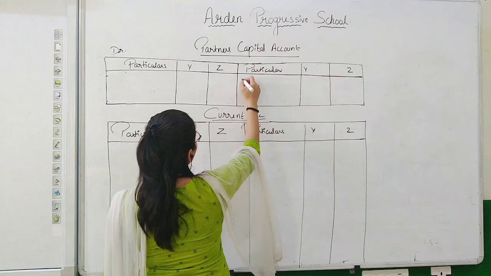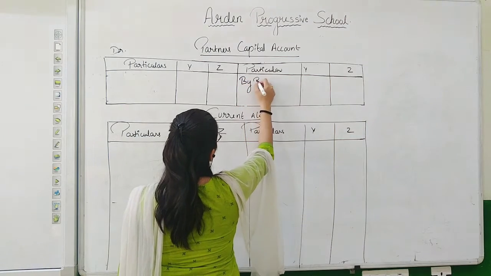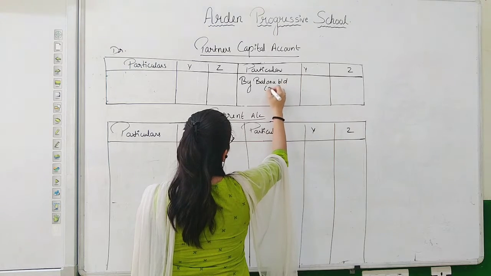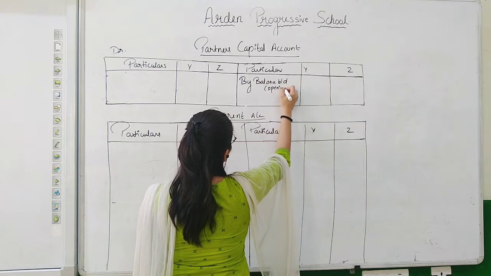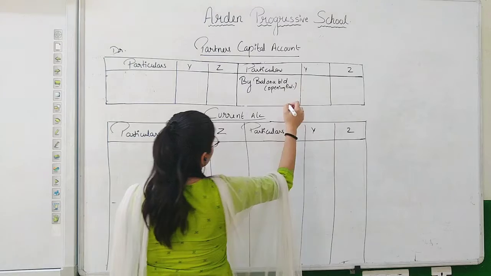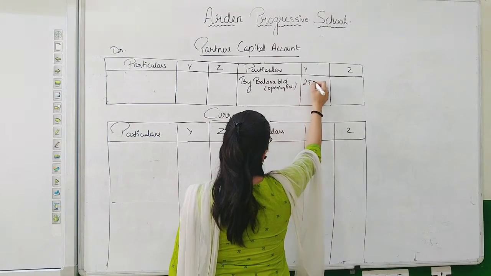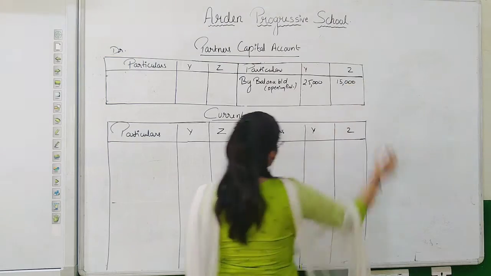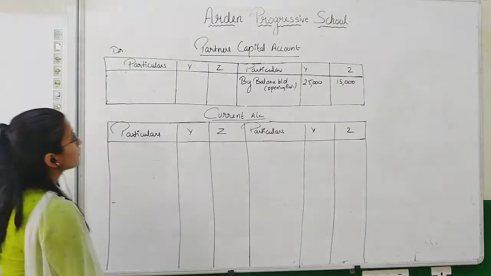So we will write here by balance brought down, which is opening balance. Y has brought 25,000 as capital and Z has brought 15,000 as capital.